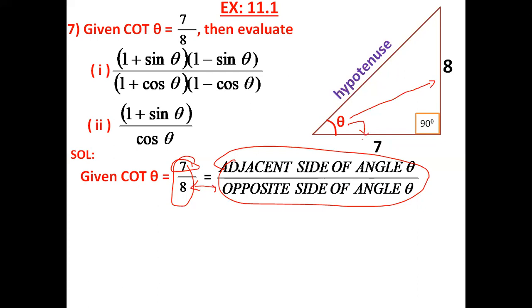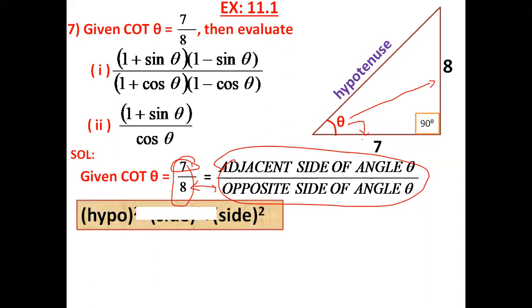Now first you have to find the length of the hypotenuse. How can we find it? By using the Pythagoras rule. What does Pythagoras say? The square of the hypotenuse is equal to the sum of the squares of the remaining two sides.